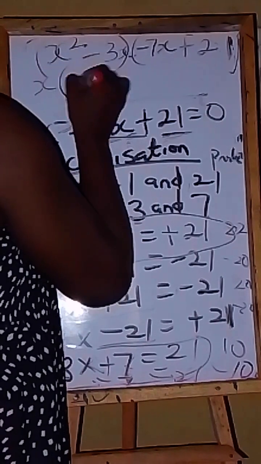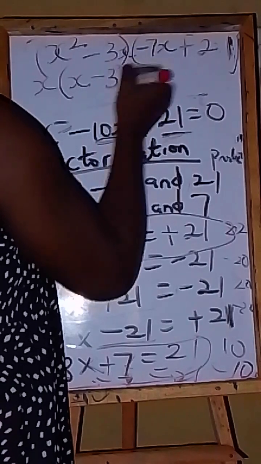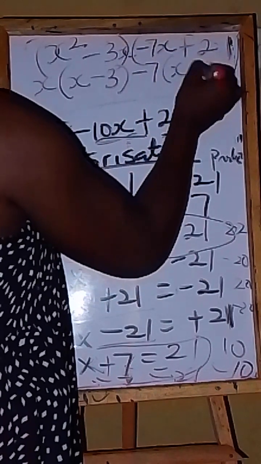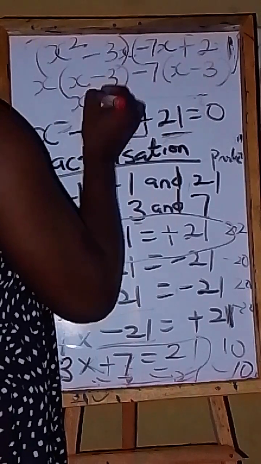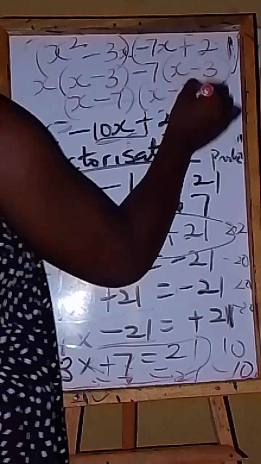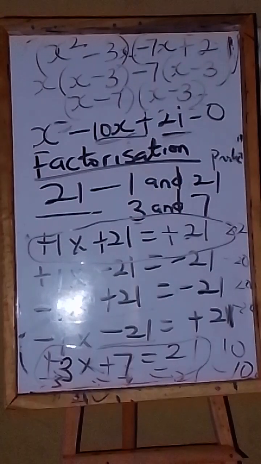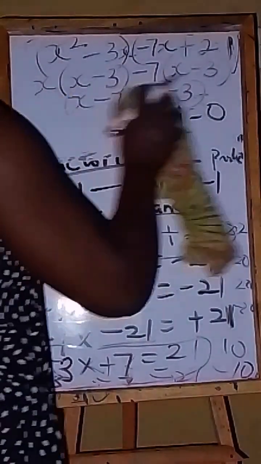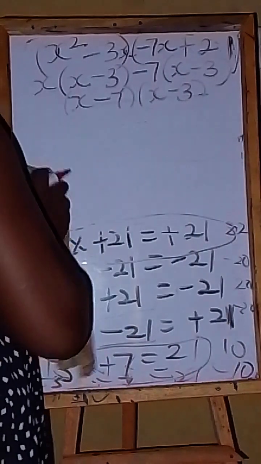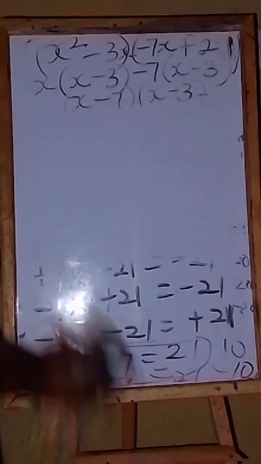We have x minus 3. Here we have minus 7. So we have x minus 7, x minus 3. So these are the factors.